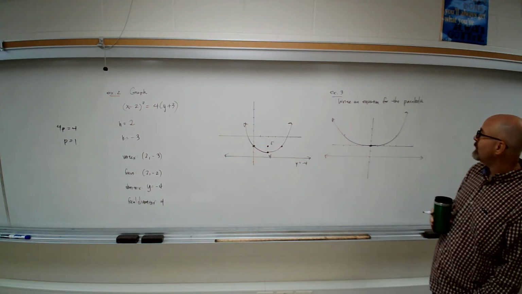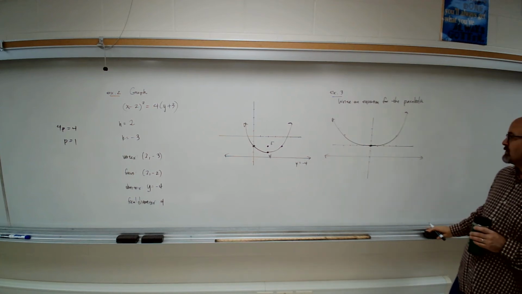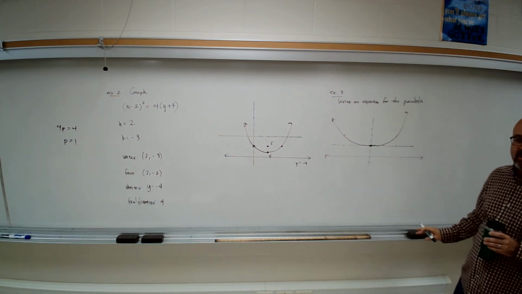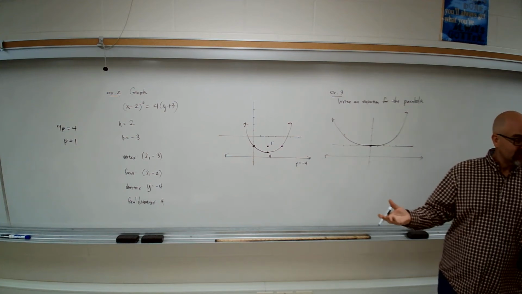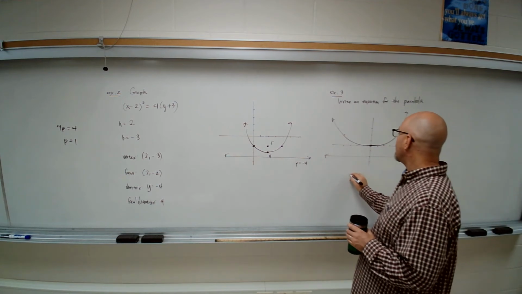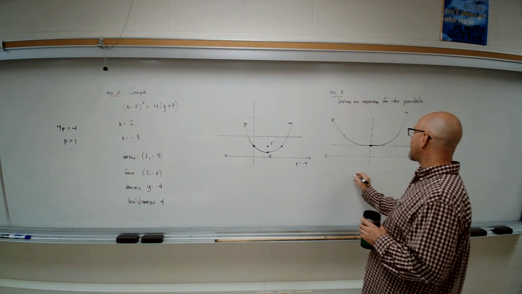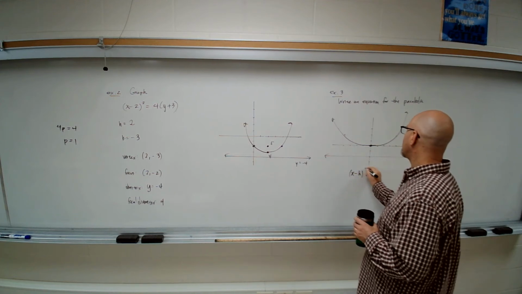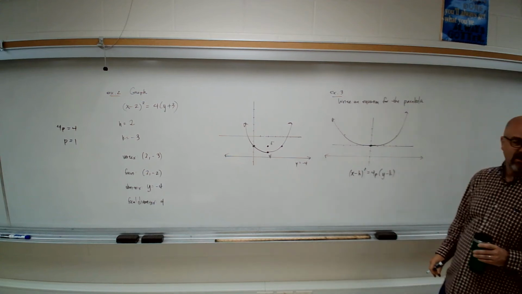The third example here is write an equation for the parabola, which we can do. The first thing to figure out is which model we want. Does this one open up or down? It does, right? For example 3, so we know it's going to be x squared. Well, it's going to be (x minus h) squared equals 4p(y minus k).